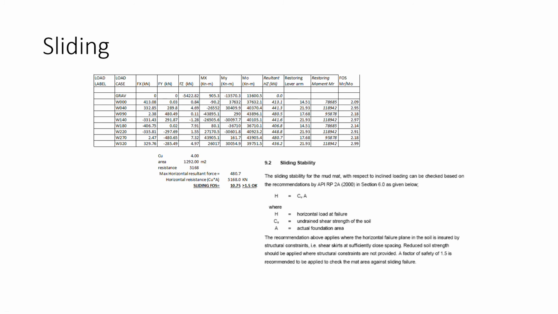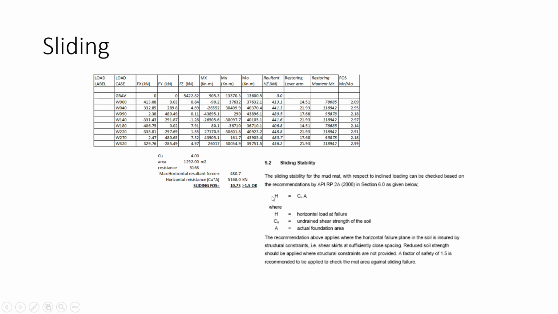The finalization of the mud mat you have to confirm with all your checks. The mud mat area is coming from bearing, so whatever minimum area is required for bearing, we put here and then check. For that area itself, it is 10.75 against the factor of 1.5. Most of the time you will not have any sliding stability problem.